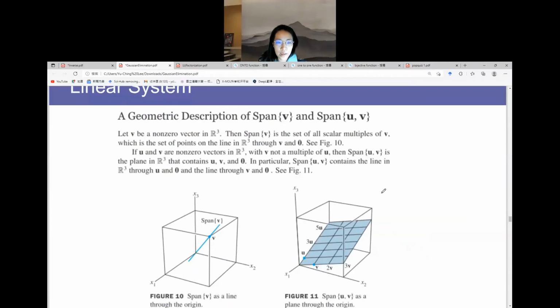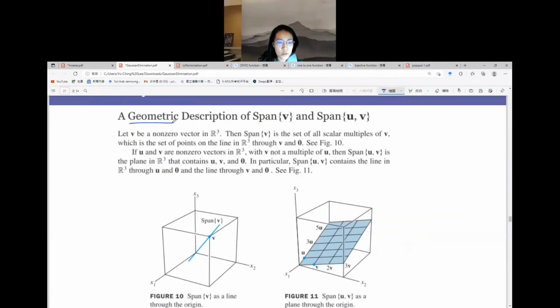And what does it look like? Geometric interpretation for span. Here span V means that there's only one vector, and span of U and V, there are two vectors. So inside span, like in the previous definition, we say there are V1 to VP.